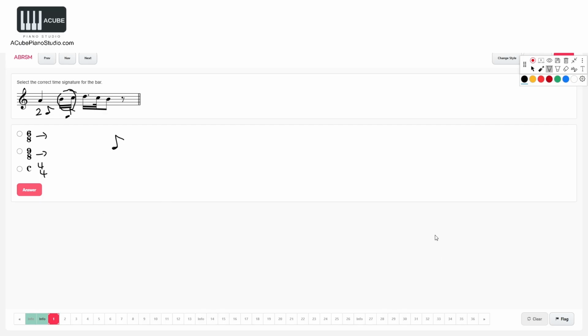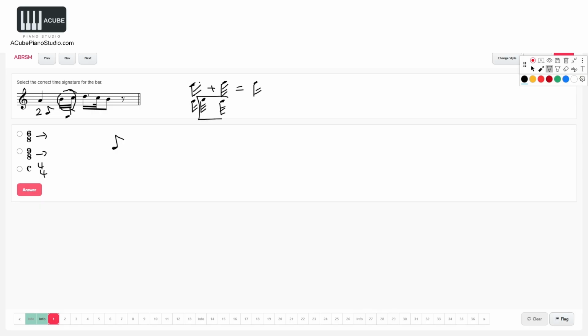Then we also have this one here. So I have a dotted semiquaver plus a demi semiquaver, and it will be equal to 2 semiquavers, because this dotted semiquaver is equal to a semiquaver plus a demi semiquaver. Add another demi semiquaver.